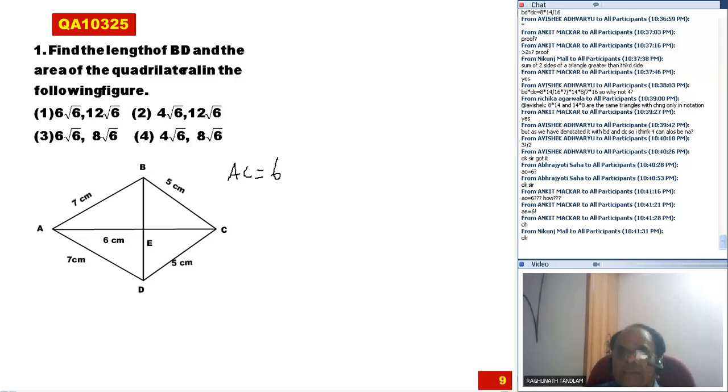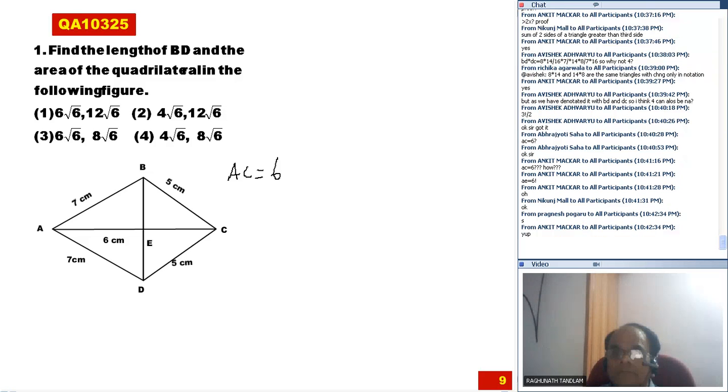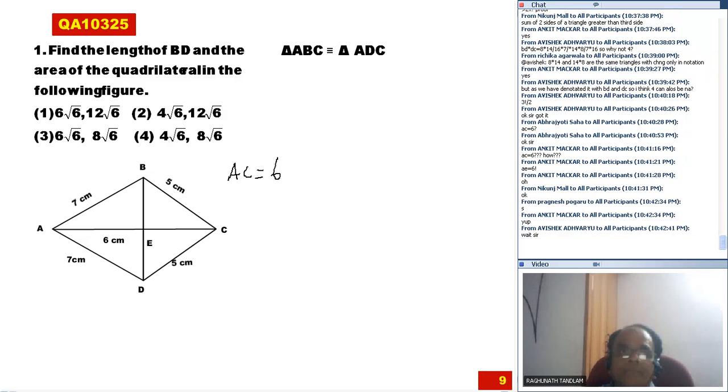Shall we discuss? Yeah, let's see. Area of triangle ABC equals area of triangle ADC. Are we clear?